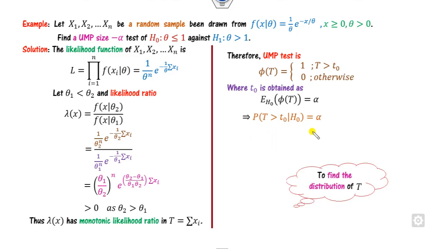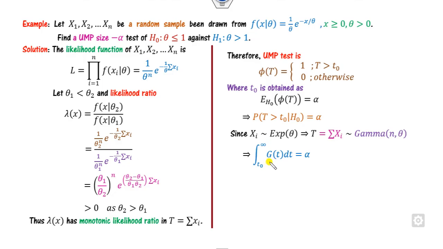Again, we need a transformation. So you have to find the transformation of t, that is my xi. How can you do that? We all know what that is. This is the exponential distribution. Once xi is exponential distribution, the sum of them will be a gamma distribution. Hence, this part becomes my here G, where G is the PDF of the gamma distribution under h0.